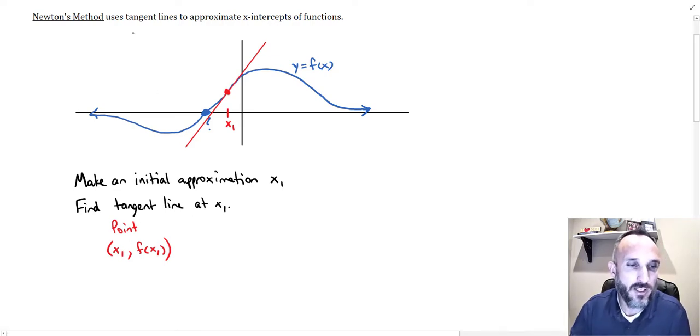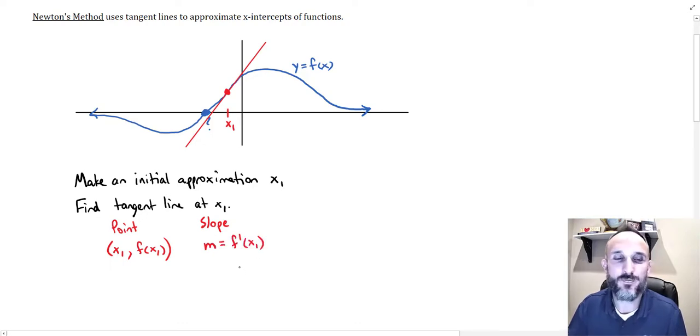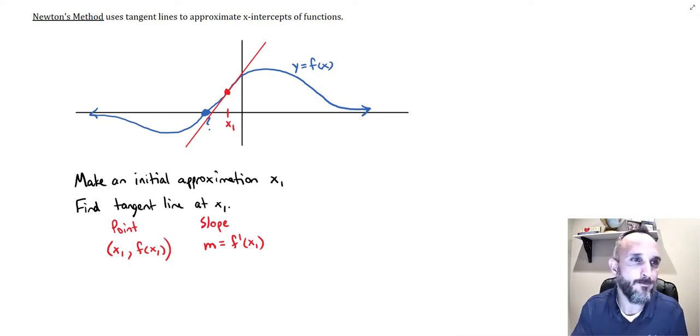Well, we know a point, but we'd have to know the slope of the line also. Well, the slope of a tangent line is precisely what the derivative is for. So the slope would be f prime at that x sub 1 value. So you'd calculate your derivative, you plug this x value in, and you'd calculate a numeric output that represents the slope of this line.